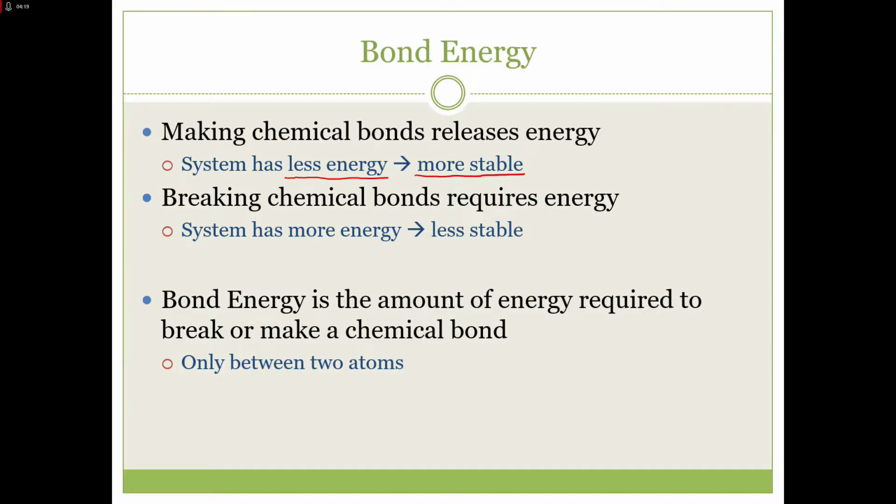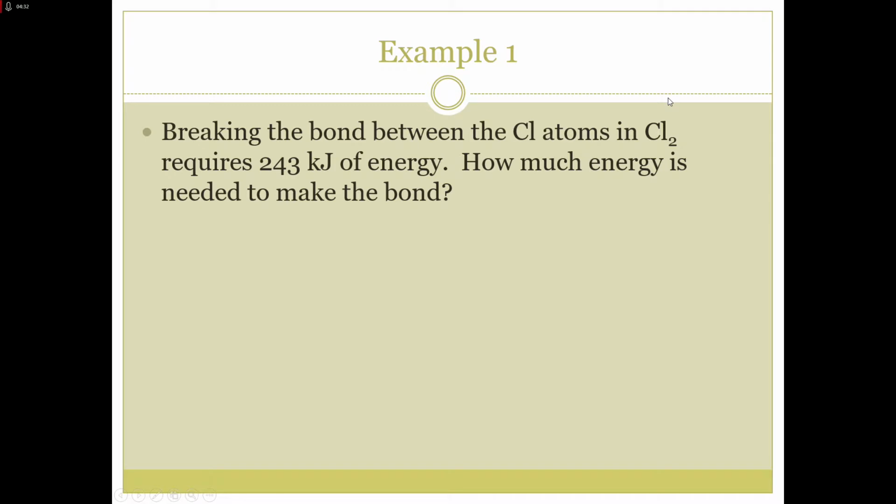And the amount of energy required to break a bond is the same as the amount of energy required to make the bond. Okay. So in this first example, breaking the bond between the chlorine atoms in a chlorine molecule requires energy.